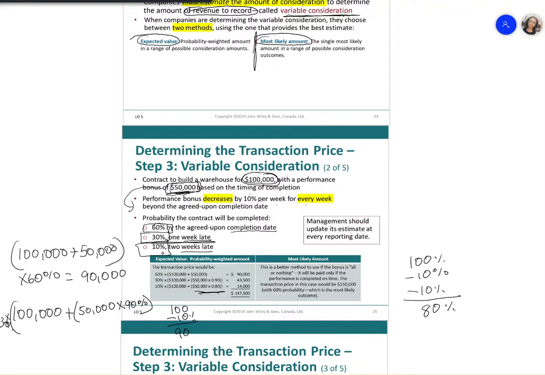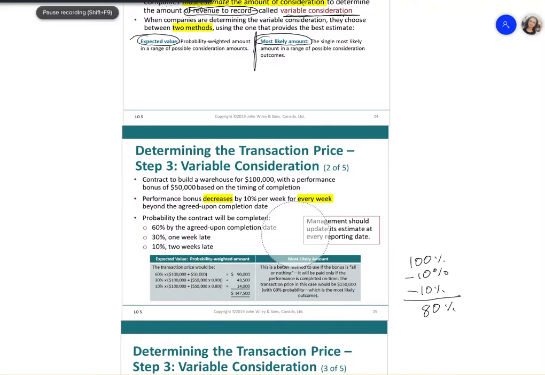But the chance of being on time is 10%. So altogether, if you look at it, the probability is all equal to 100%. The probability of being on time is 60%. The probability of being 1 week late is 30%. The probability of 2 weeks late is 10%.